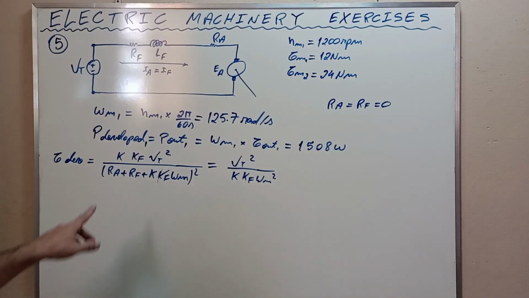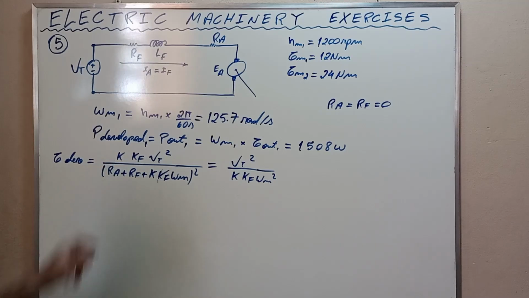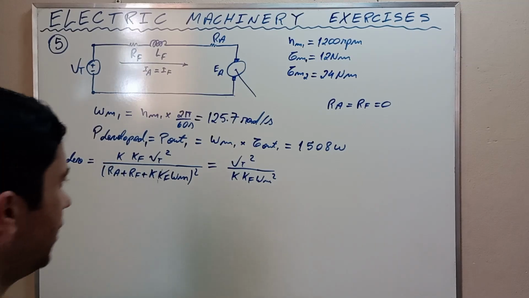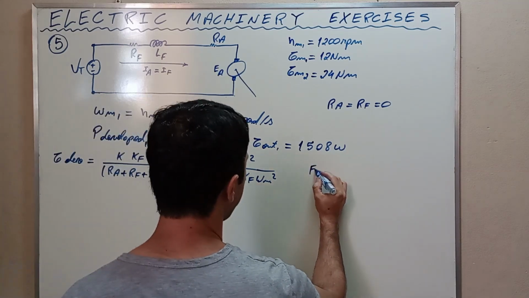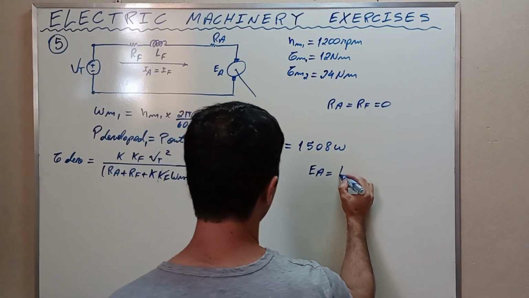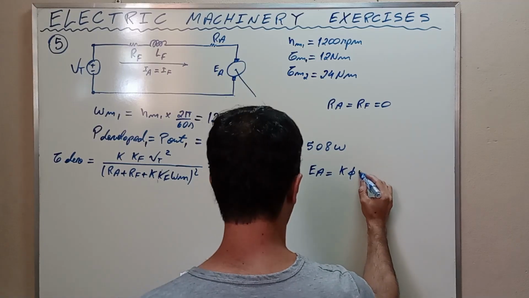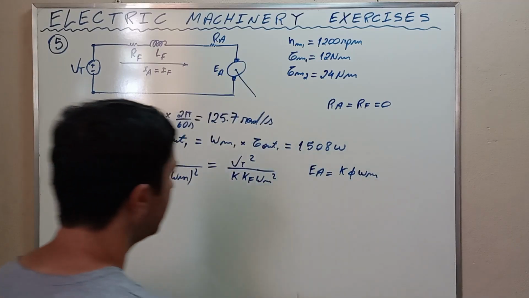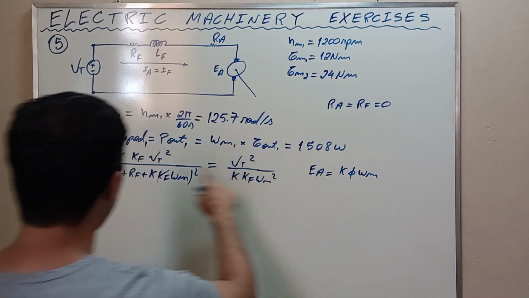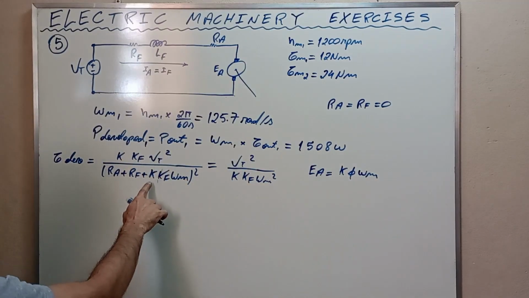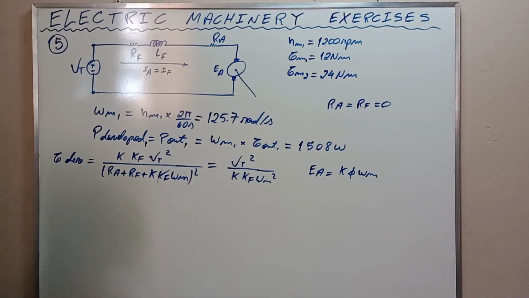And how about this other K here? We know that the EA is equal to K times phi times Wm. This K here is this K here, and Kf is a constant that depends on the number of field windings.